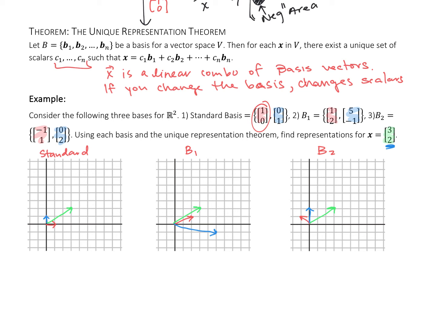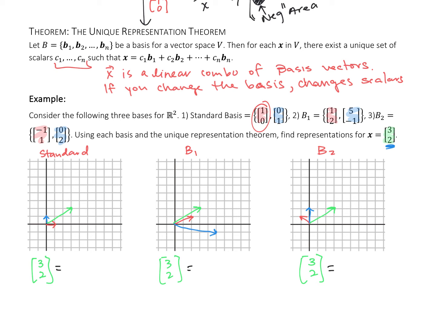So essentially what we want to know is, how can I get x? What would I need to multiply 3, 2 by? In other words, I want to know what constants, if I multiply them by the vectors in my basis, will give me 3, 2 back out. So how do I get 3, 2 out of each of these sets of vectors?